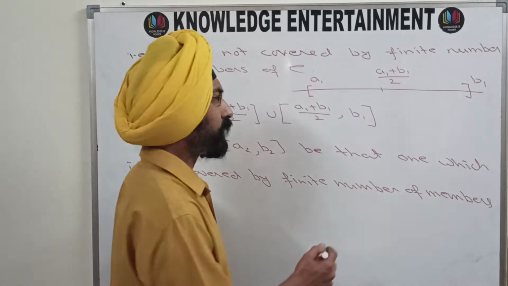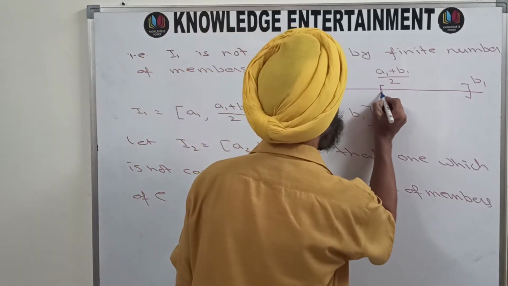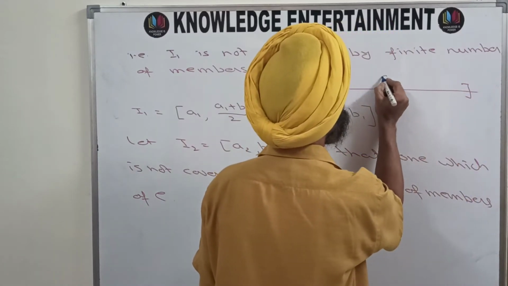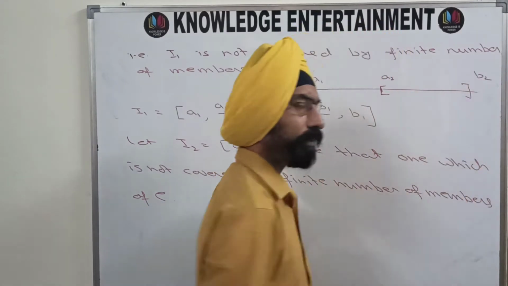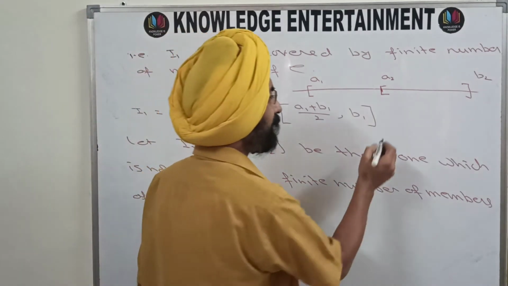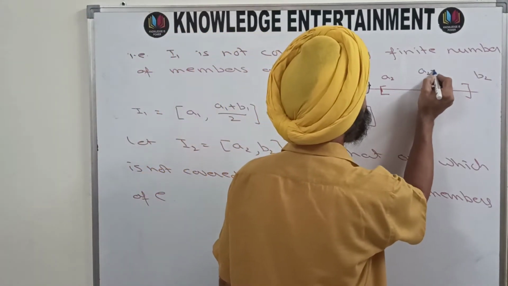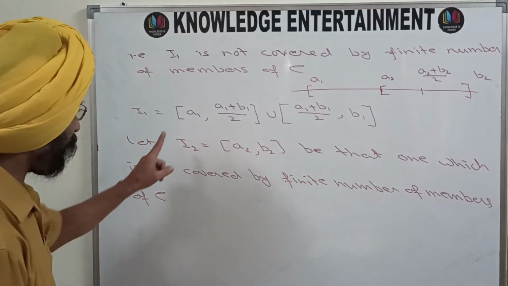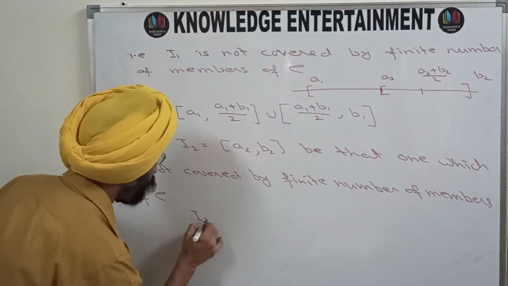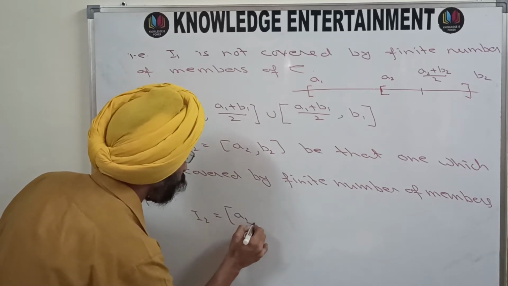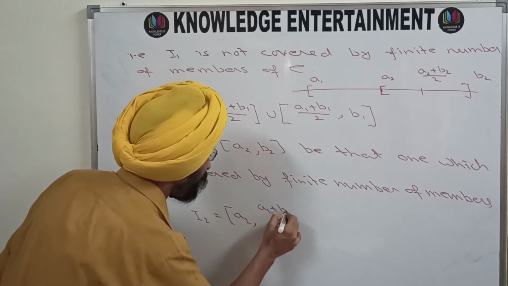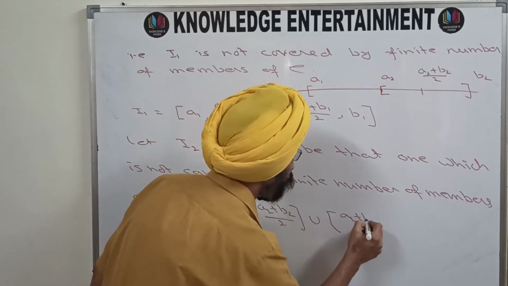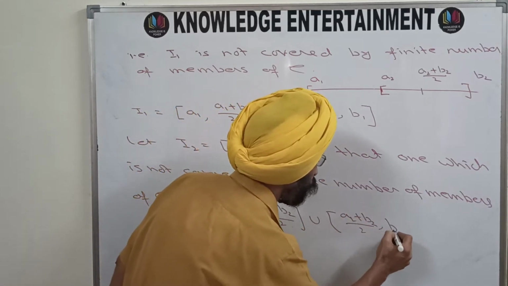Suppose your A2 B2 is the second interval, this one. Once again, take the middle point A2 plus B2 by 2 and break this interval I2 into A2 to A2 plus B2 by 2, union A2 plus B2 by 2 to B2.